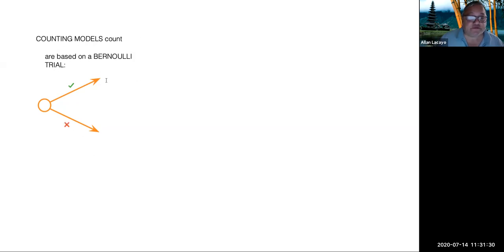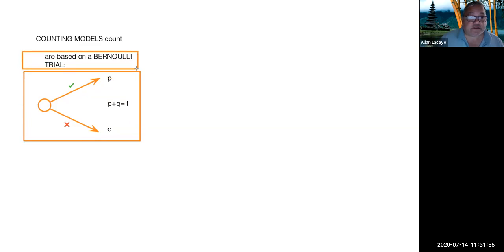And we usually refer to the probabilities of success and failure as P and Q. And not only that, but P plus Q must equal 1, because that is a complete story. Either something that we're looking for happens or it doesn't happen. And that's what a Bernoulli trial is.